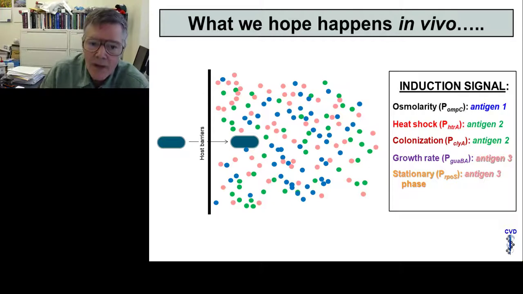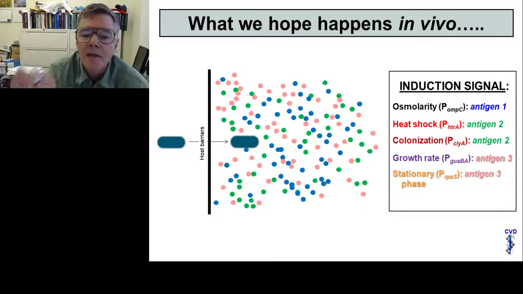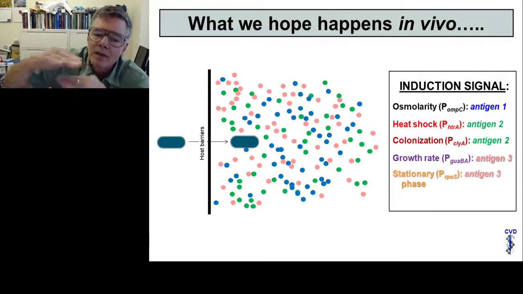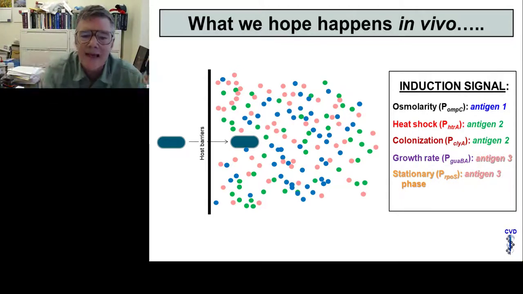As the live vector, the carrier vaccine, makes its way into the gastrointestinal tract, you may get some temporary colonization. Solid phase induction, Cli-A may be induced, maybe making more antigen 2. We're gradually introducing foreign antigen expression geared towards the metabolism of the live vector itself. That's the key that we're trying to achieve here.